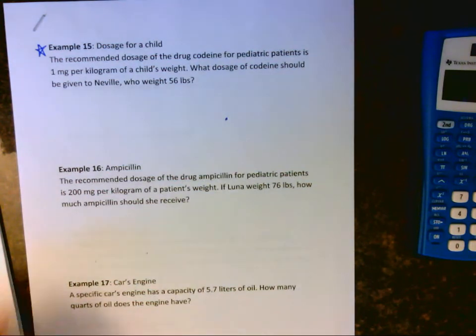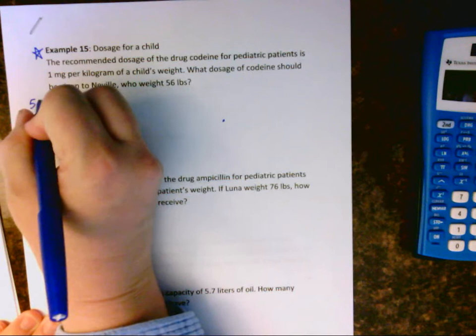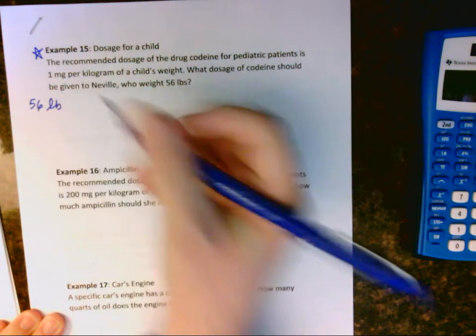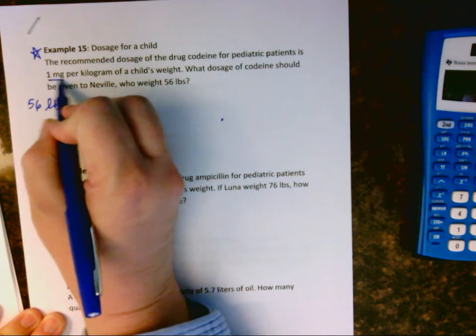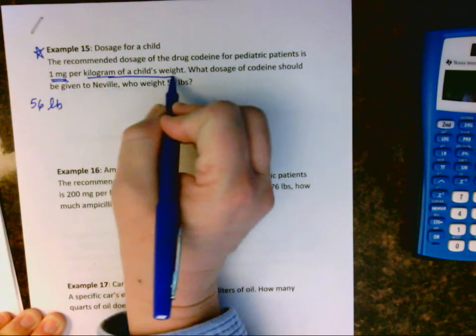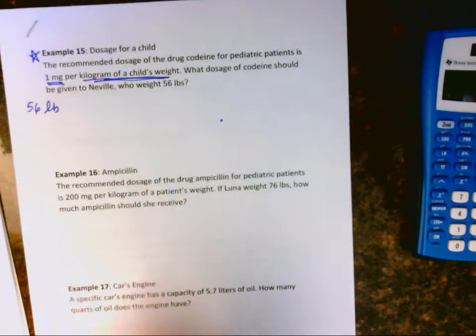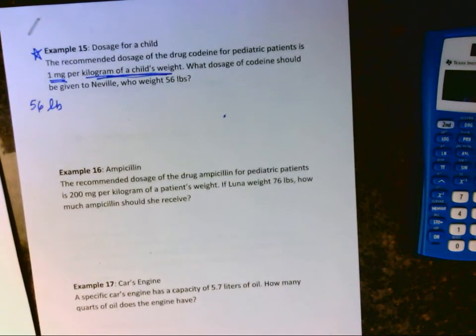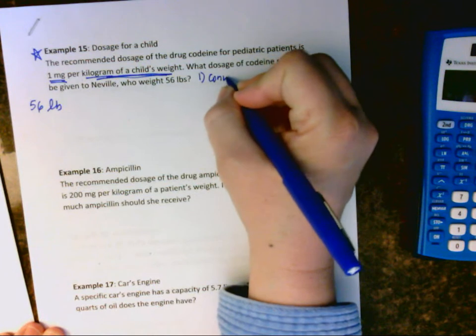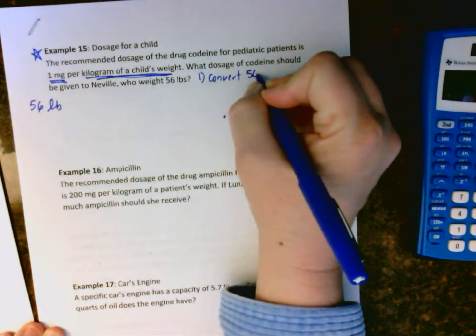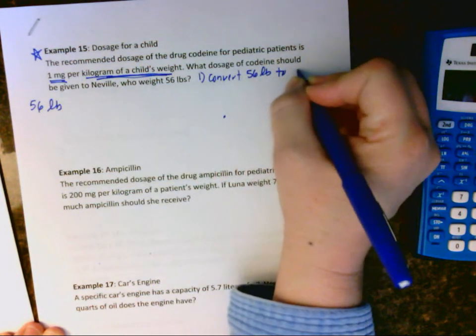That was a long time ago, right? So we take 56 pounds, and the first thing we know is that the medicine, they tell us, is 1 milligram per kilogram of the kid's weight, and we don't know his weight in kilograms, we know his weight in pounds. So the first step is going to be to convert 56 pounds to kilograms.